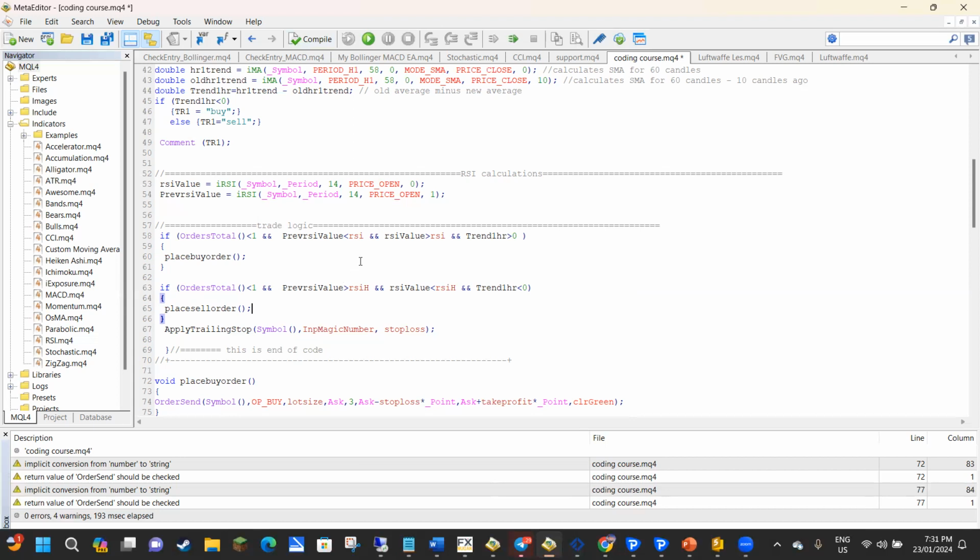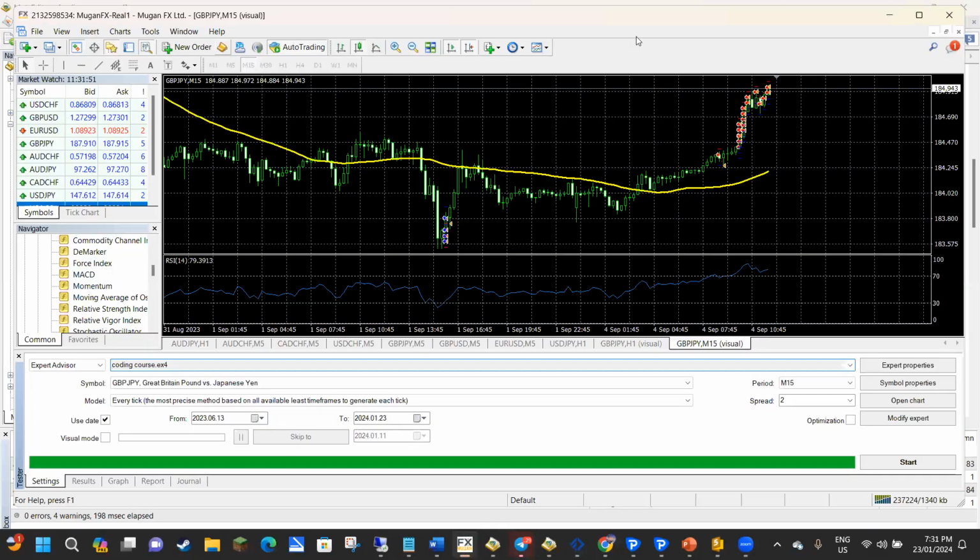If the RSI goes above 70 and back down, it's not going to do a sell order because it's only looking to do buys on the 1 hour buy trend, and obviously the opposite for the sells if the 1 hour trend's going down. And it should also print up in the top left-hand corner whether the current 1 hour trend is a buy or a sell. That compiles, and we'll just check that out.